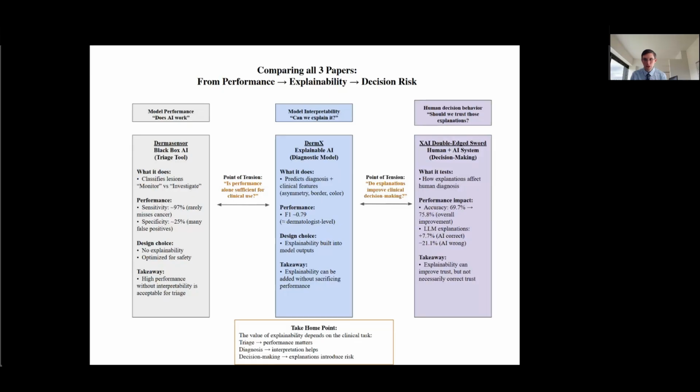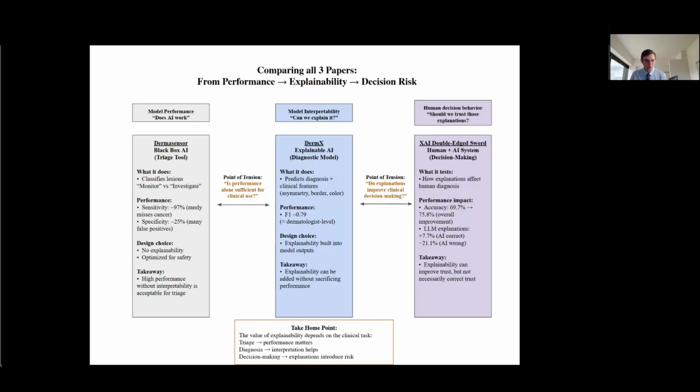And then the third part, which is the Explainable AI Double-Edged Sword, which was quite a complicated study, but really the takeaway is that explainability can improve trust, but not necessarily correct trust, and that it can also increase accuracy. So there are some key take-home points for all three of these.